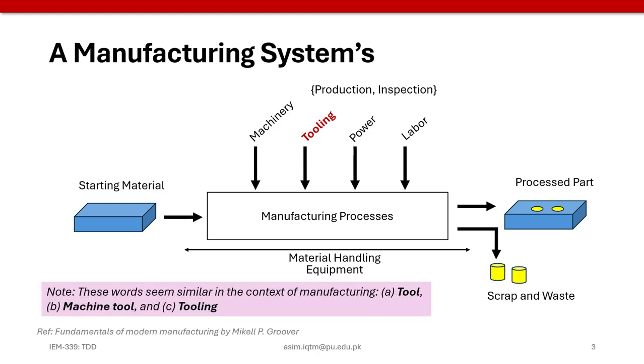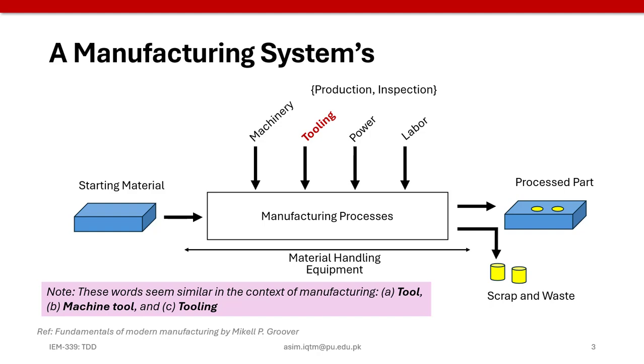So the words tool, machine tool and tooling in a manufacturing context look similar. We are particularly grasping how a tool or a machine tool or a tooling helps us to impart the final shape of the product or the semi-finished shape of the product.